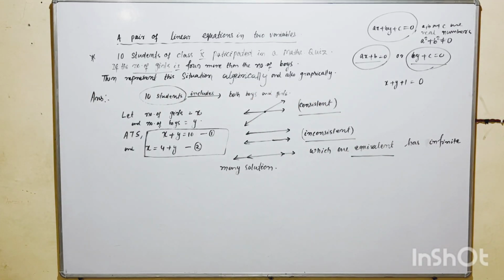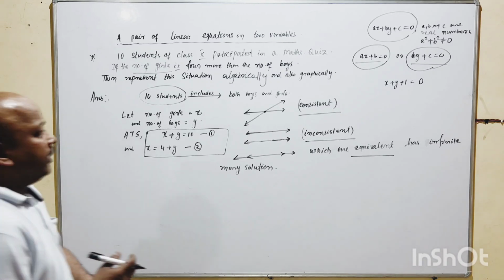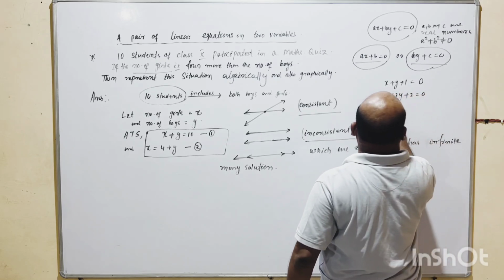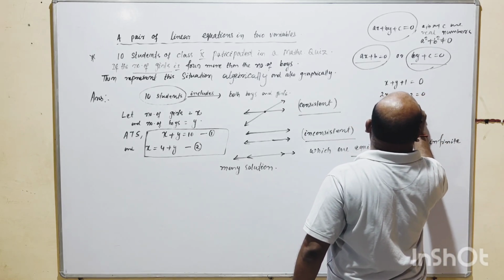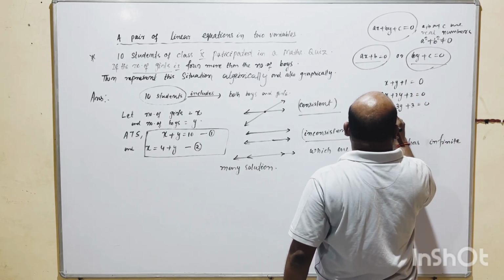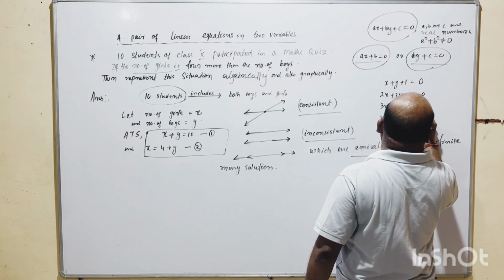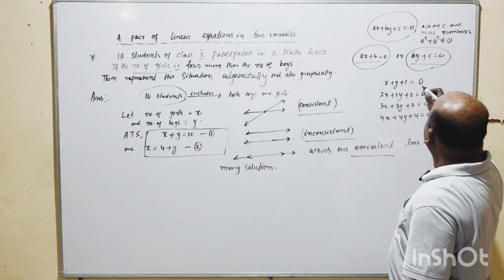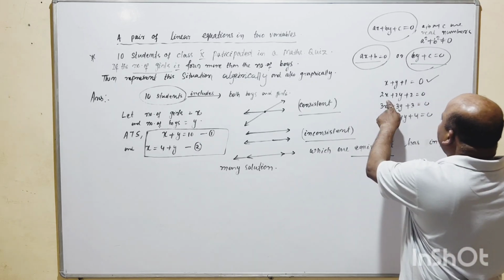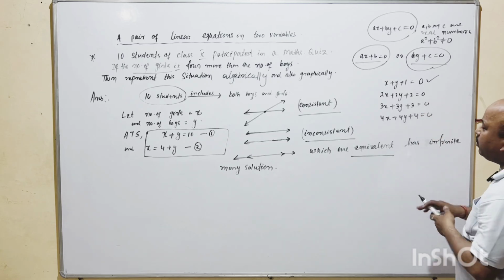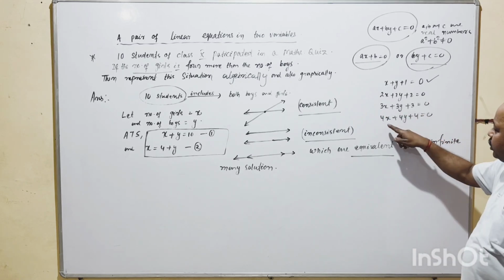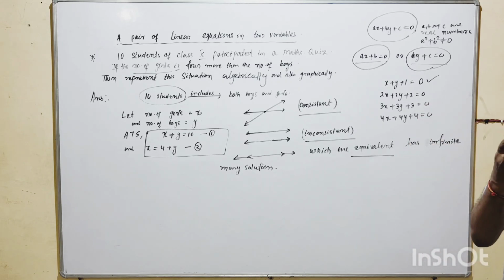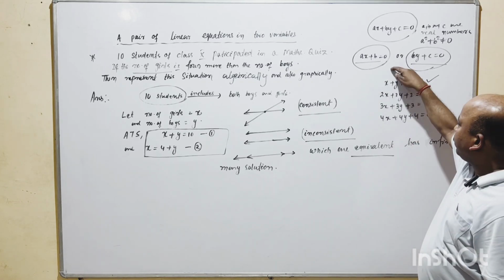Students, its equivalent equations are 2x plus 2y plus 2 equal to 0, 3x plus 3y plus 3 equal to 0, 4x plus 4y plus 4 equal to 0. This type of infinite equations we can write as the equivalent equations of this equation.